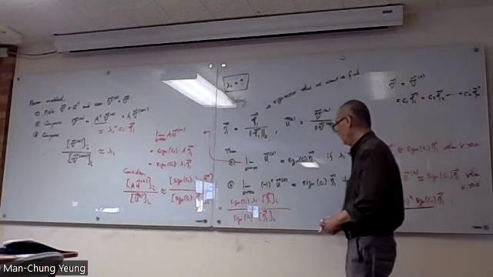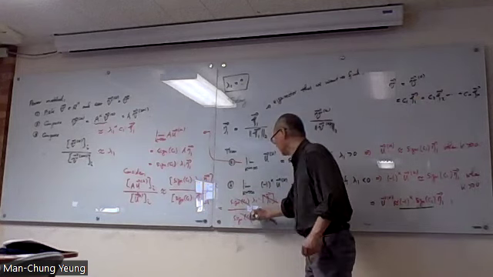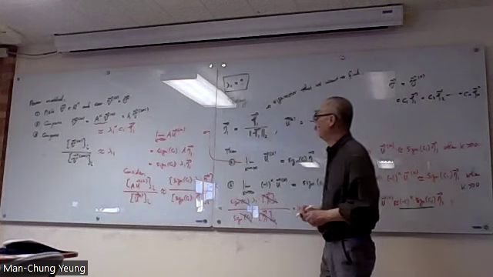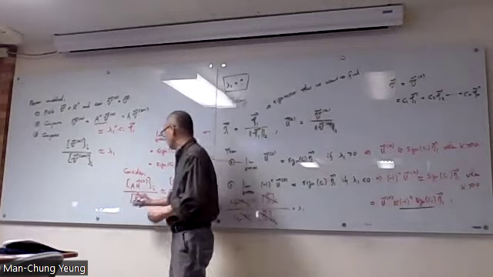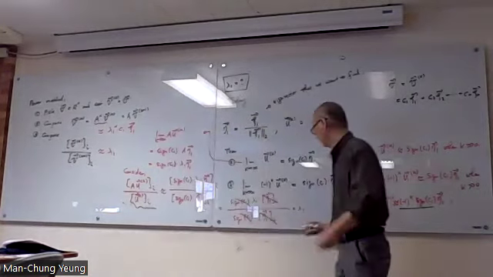Now cancel, and it is lambda 1. This ratio roughly is the dominant eigenvalue.